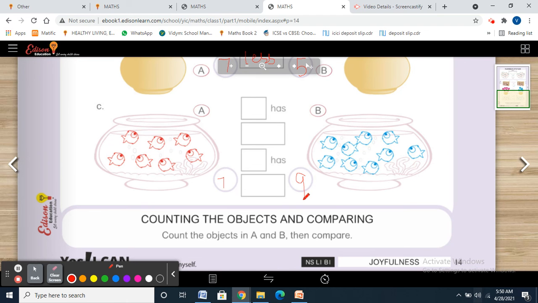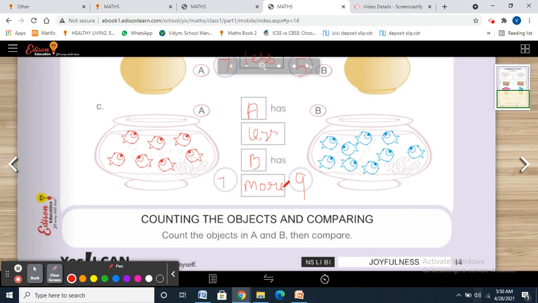9 in B. So now you can write here: A has less, B has more. In this way we are counting and comparing the objects.